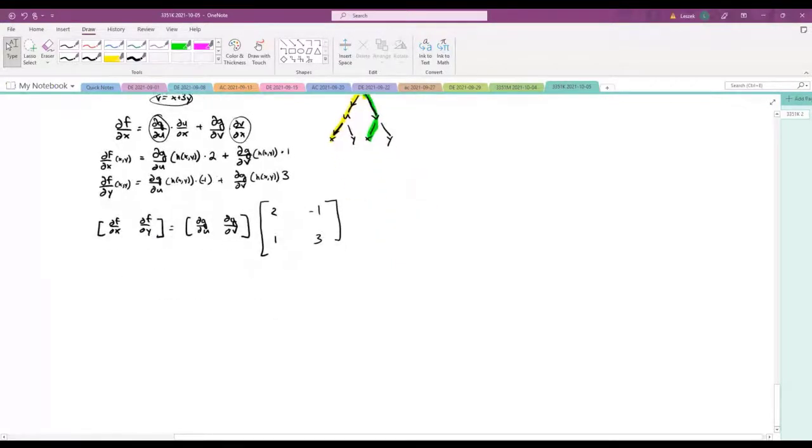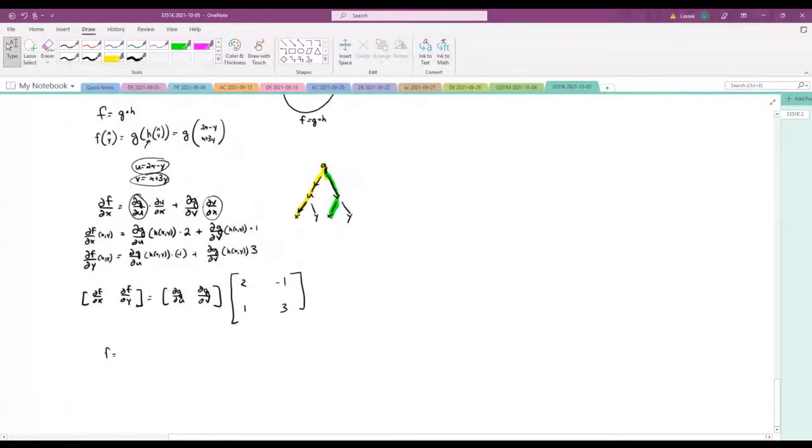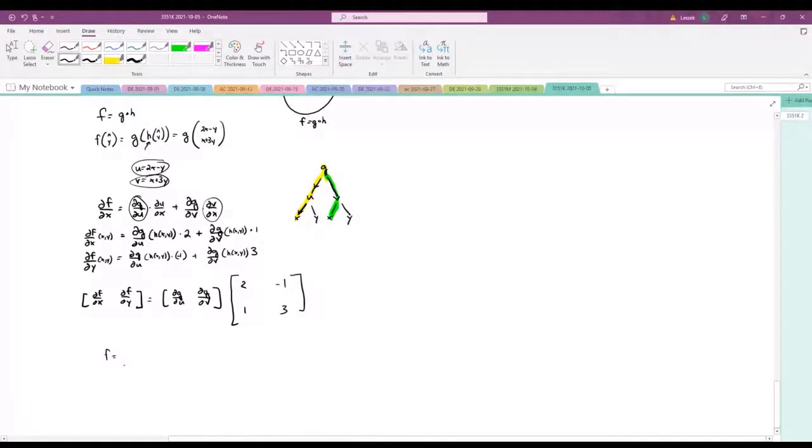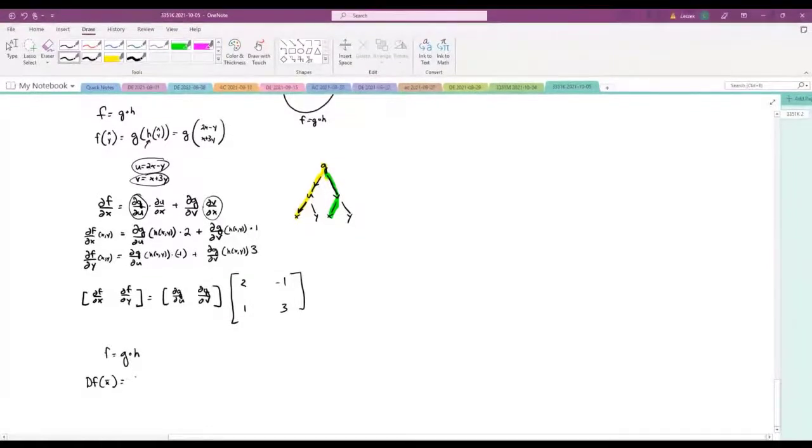So indeed, there is a formula in terms of matrices for the chain rule. If f is the composition of g with h, then the derivative of f at a point is just the derivative of the, so to speak, outside function at h of x, times the derivative matrix for h at x.